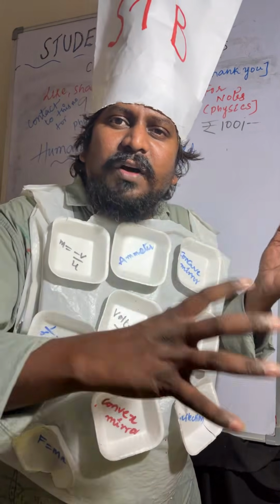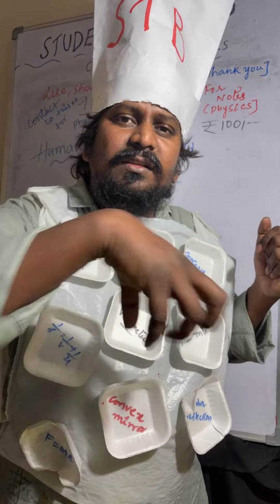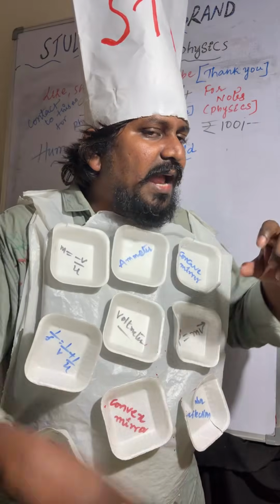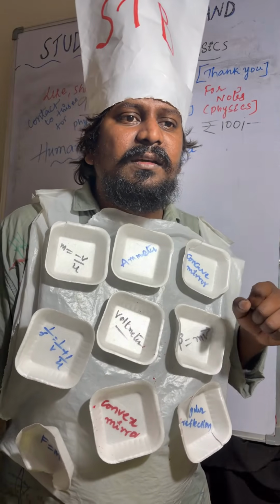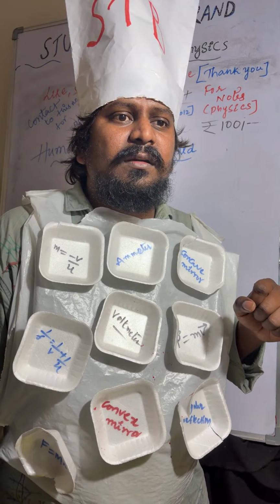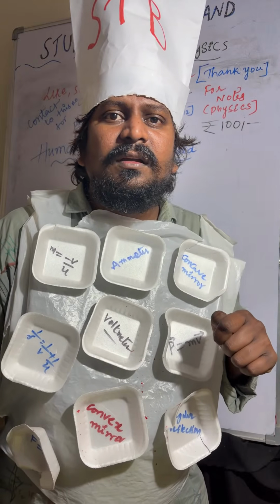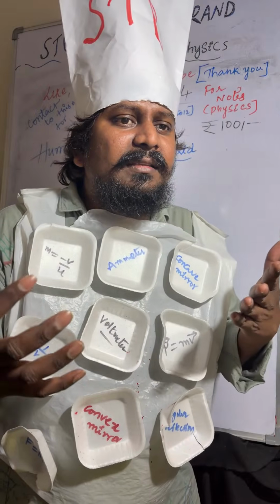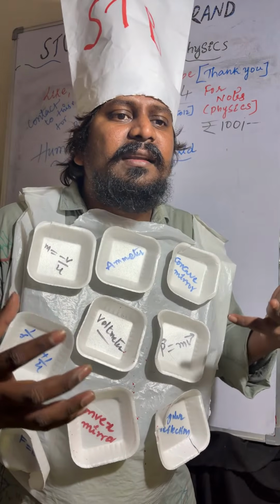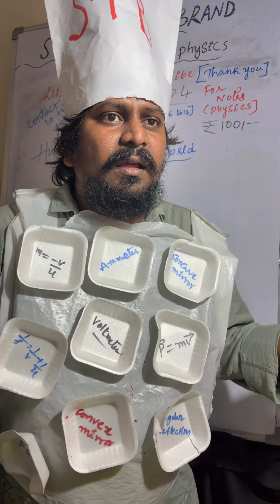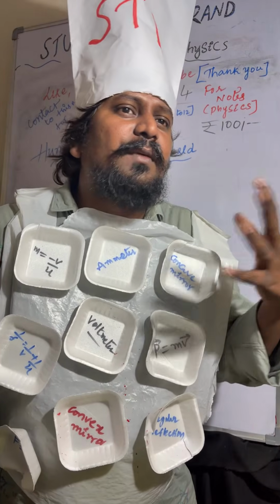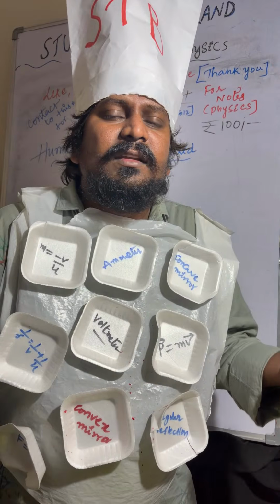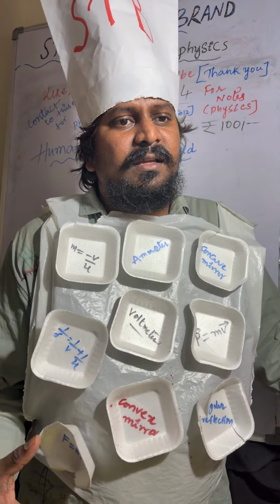Actually, when light rays fall on the lens, those light rays will refract and then fall at the retina. But when you are aging, the lens cannot refract the light rays properly, so the defects will arise.